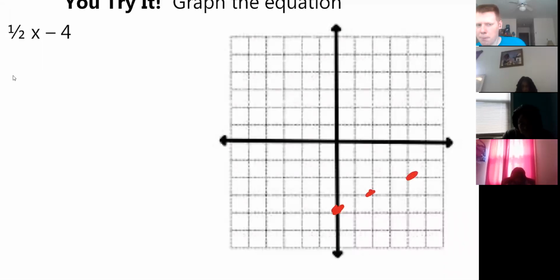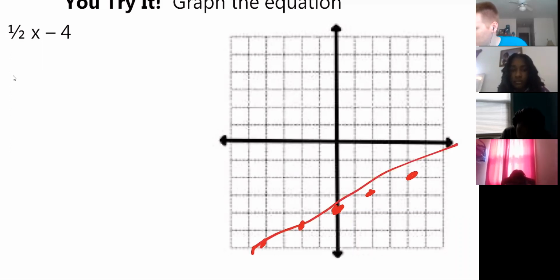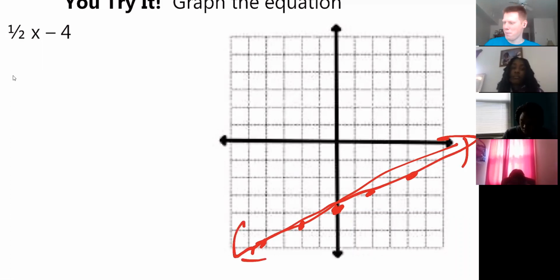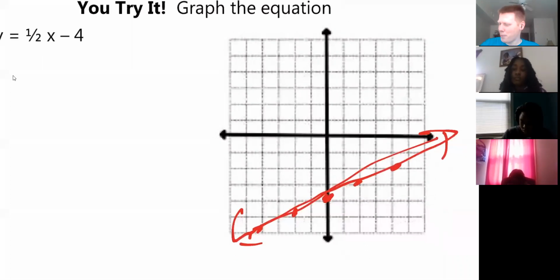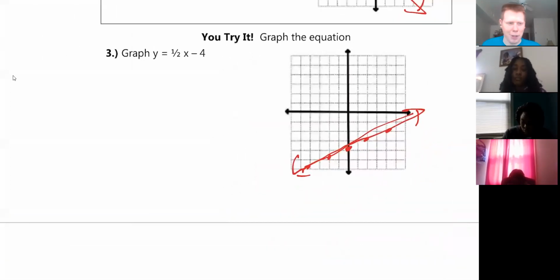One thing that's kind of important to know is how to go the opposite way. So if you just do the opposite, go down 1, left 2, that'll be helpful if we're ever graphing. Oh, that is really bad. Pretend I connected through all the dots and it was perfect. But that's what it'll look like for that one.